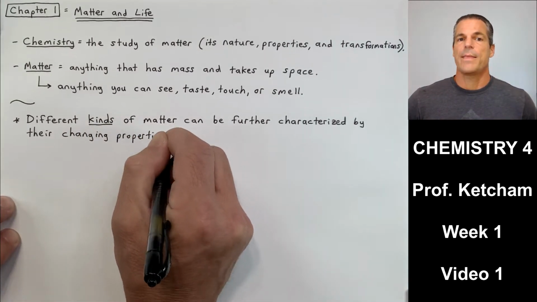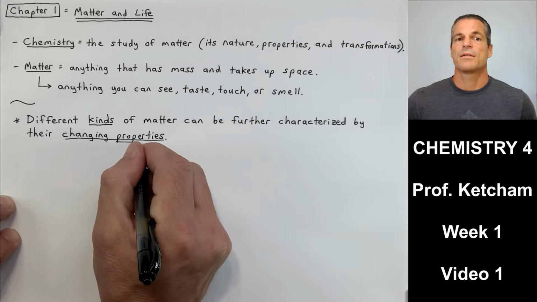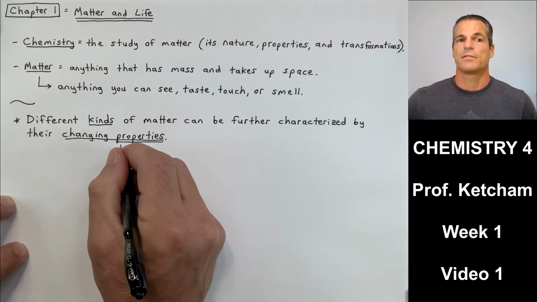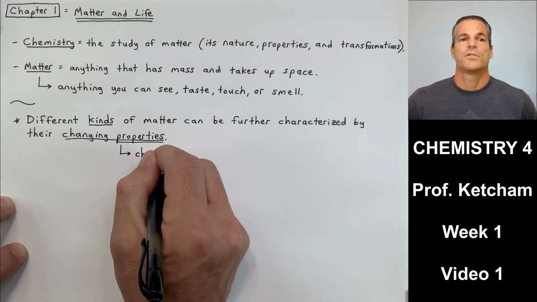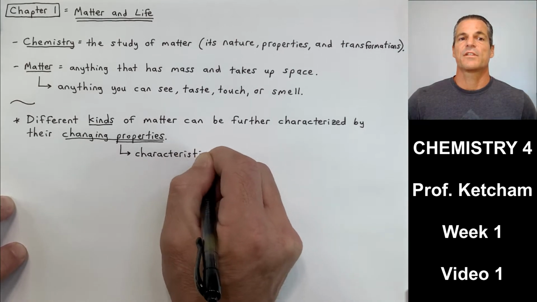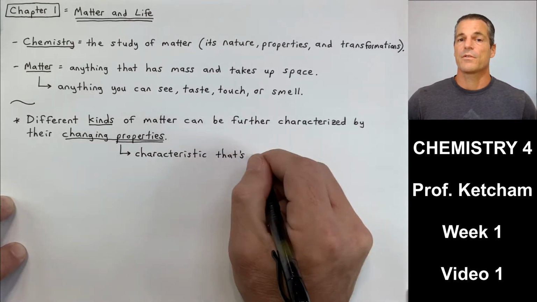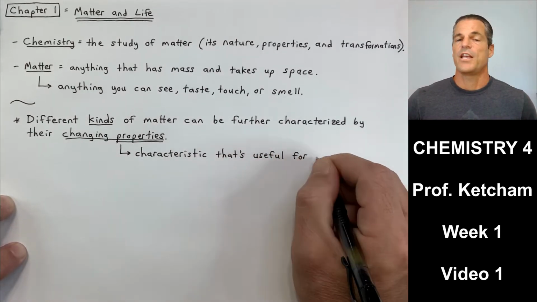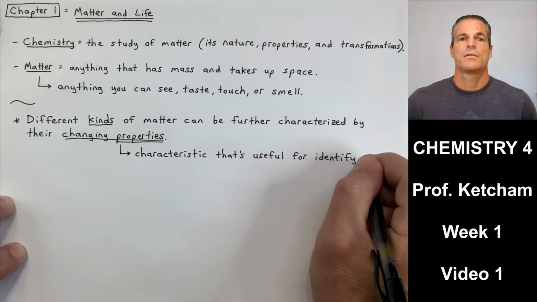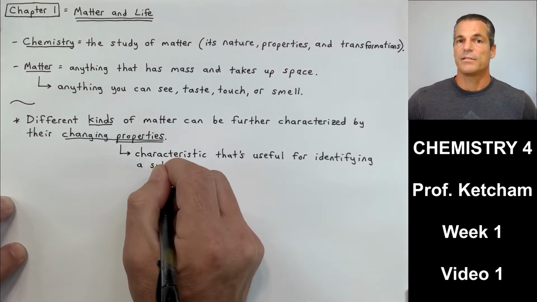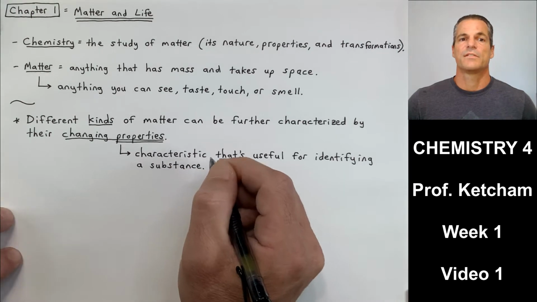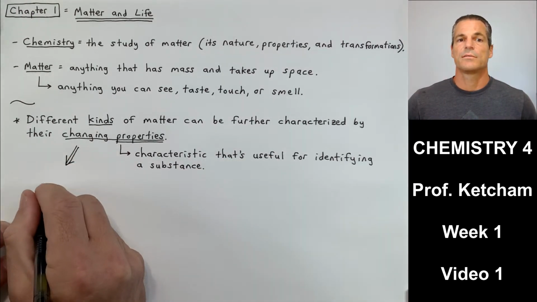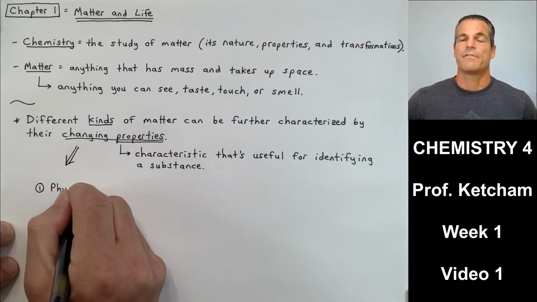Different kinds of matter can be further characterized by their changing properties. There's a little star there and it says different kinds of matter can be further characterized by their changing properties. A property of a substance is a characteristic that's useful for identifying a substance.